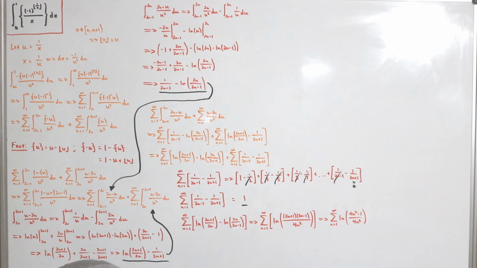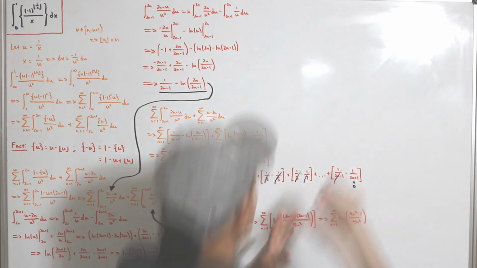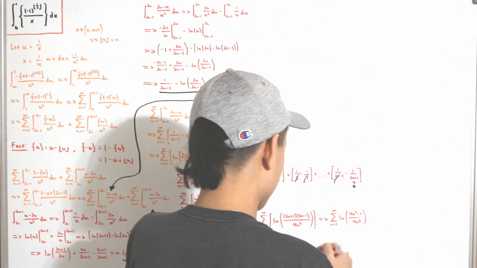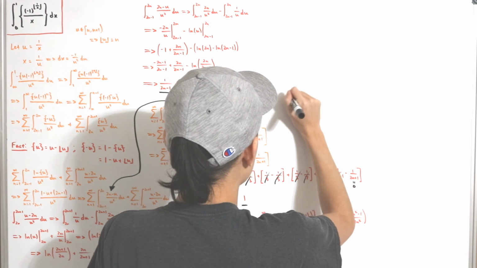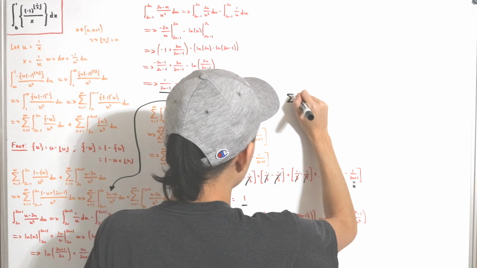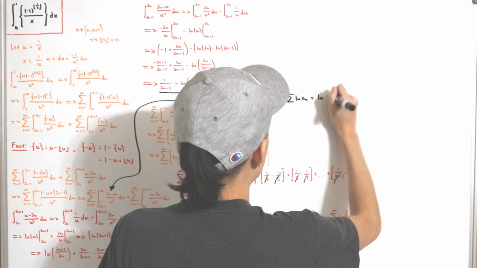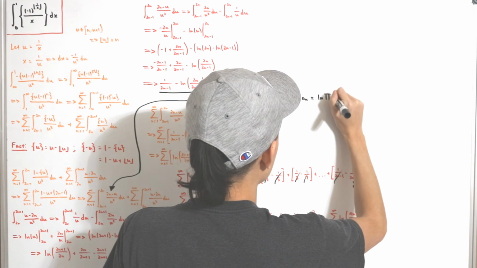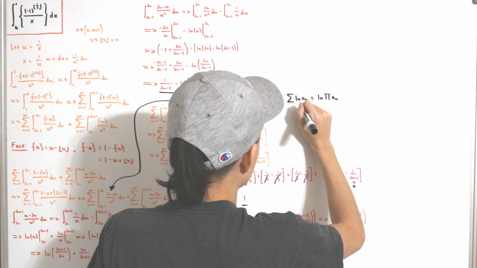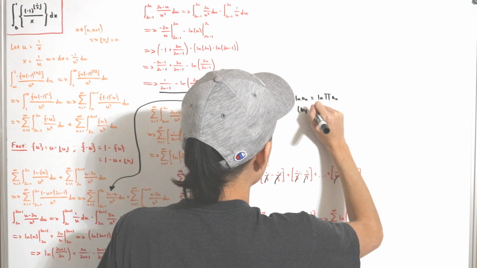Actually, we can use the following rule. I'll write this in black. We can use the rule that the sum of ln of a sub n is equal to ln of the product of a sub n, and that's just because of continuity.